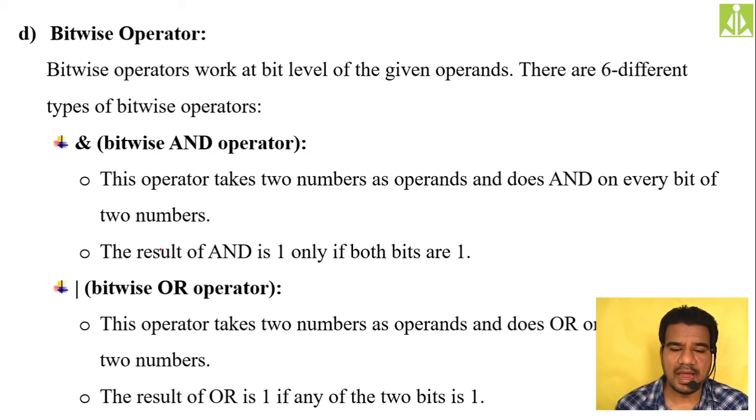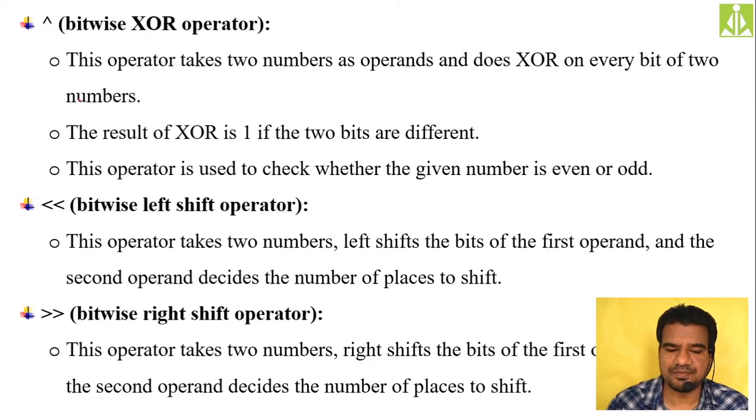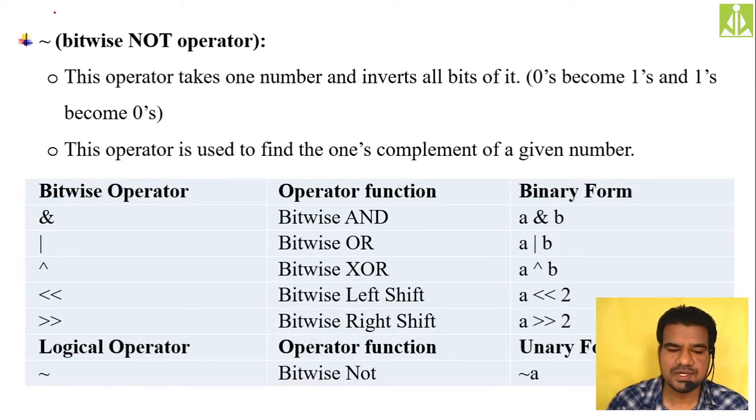AND is 1, OR is 2, XOR is 3, left shift 4, right shift 5, and the NOT operator, that is 6. So these 6 operators we are discussing.